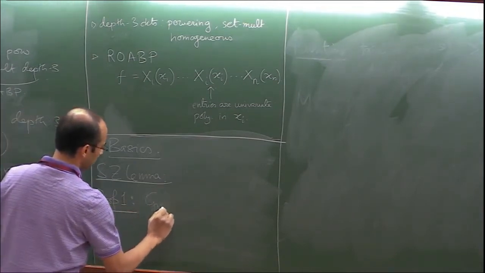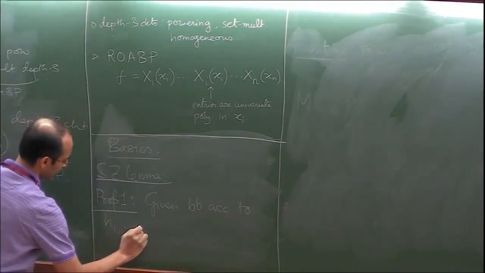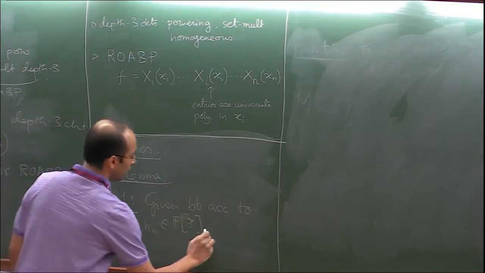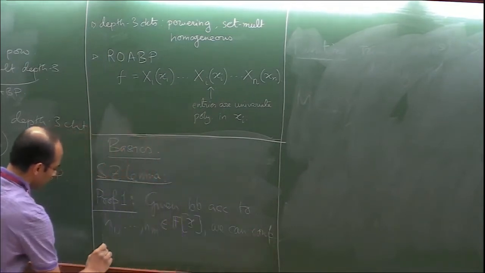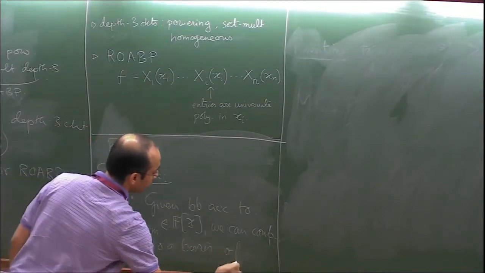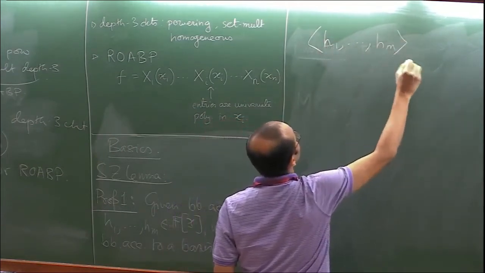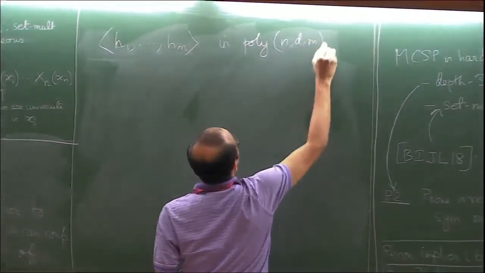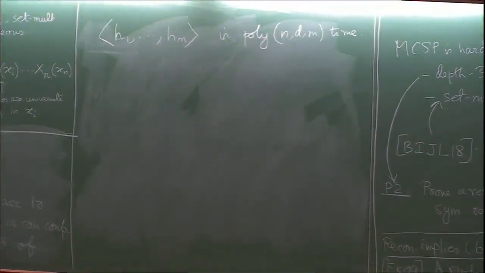Given black box access to a set of multivariate polynomials h1 through hm, we can compute black box access to a basis of the linear space spanned by these polynomials in poly(n, d, m) time. Here d is the degree bound on these polynomials, and n is the underlying number of variables.